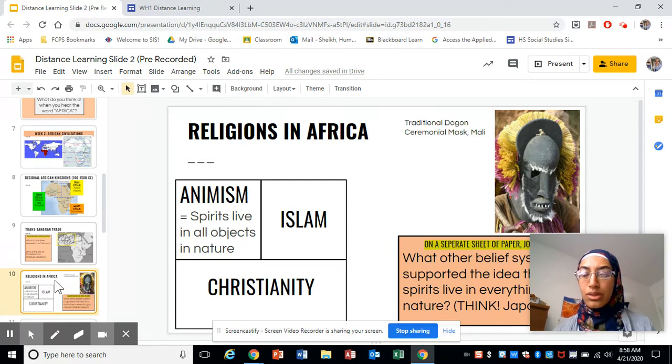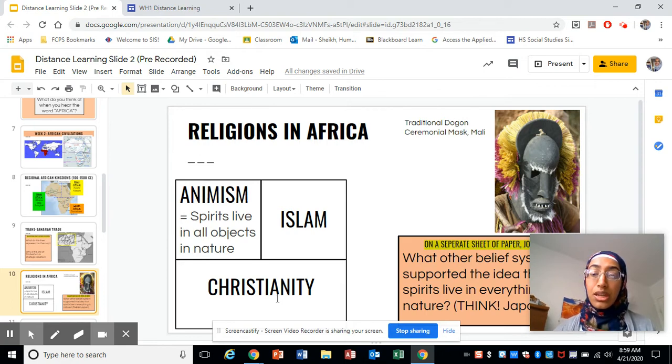Thinking about the religions present in Africa, African villages started off as largely animistic societies, and they still are. Many villages still practice a form of animism mixed with Islam and Christianity, which come later. But to focus on animism for right now, this is the idea that everything has a spirit.